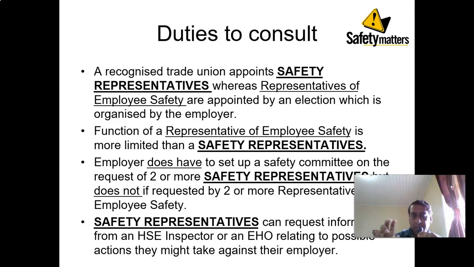And if you read this carefully, they are requesting the information relating to possible actions, for example, the issuing of a notice against their employer. They can request that information as a means of trying to bridge the gaps so that the company does not get one of those notices anyway. But it is quite detailed in that the person has that power and has that right to request the information from the government HSE inspectors.